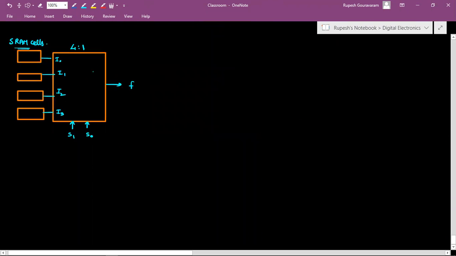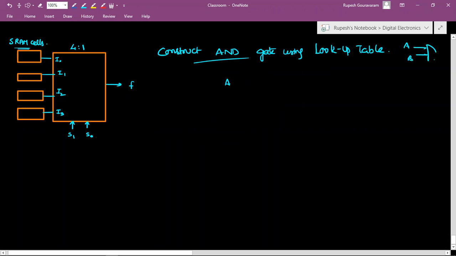Now using this, what do I need to do? I want to construct an AND gate using the lookup table. Let us take A, B as the inputs, and I want to AND them and get AB.